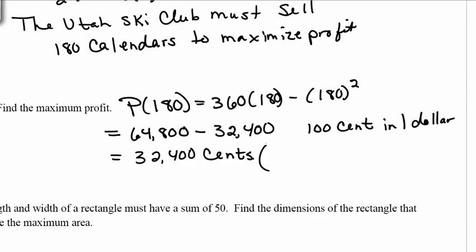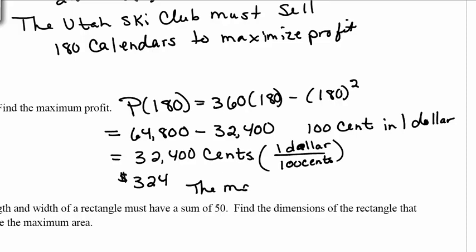If we want to convert this into dollars, we would put the $1 on the top and put the 100 cents on the bottom. So we would have to divide this 32,400 by 100, and that would give us 324. So the maximum profit is $324.